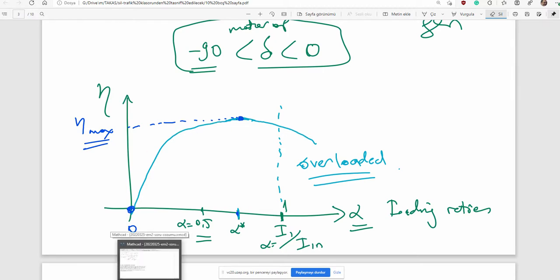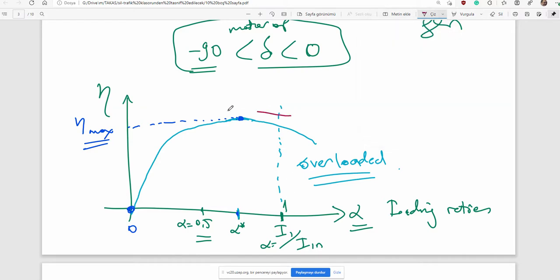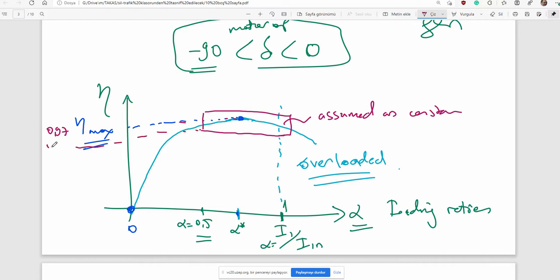So many times in the region close to rated operation, somewhere here, efficiency is assumed as constant. Here it will be, for example, 0.97, and then here 0.95.